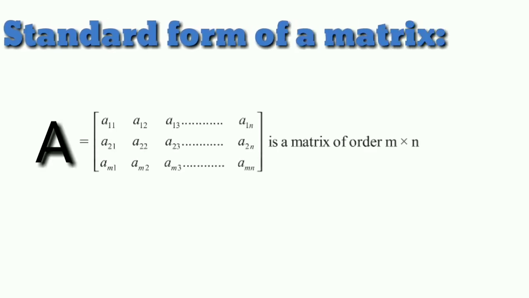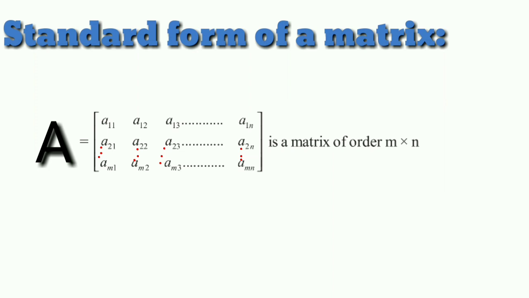Standard form of a matrix. A is equal to a11, a12, a13 and so on, a1n; a21, a22, a23 and so on, a2n; column-wise it goes up to the mth element, am1, am2, am3 and so on up to amn, is a matrix of order m cross n, where a11, a12, the subscripts mention the position of the element.